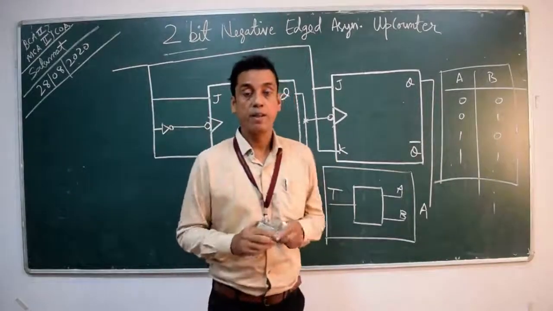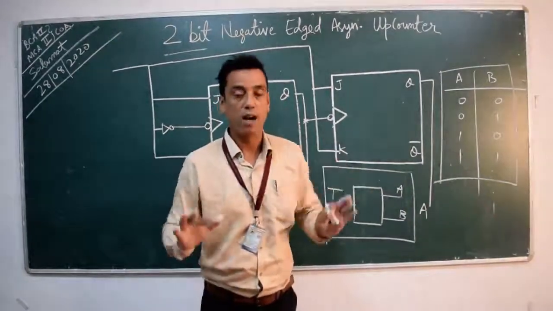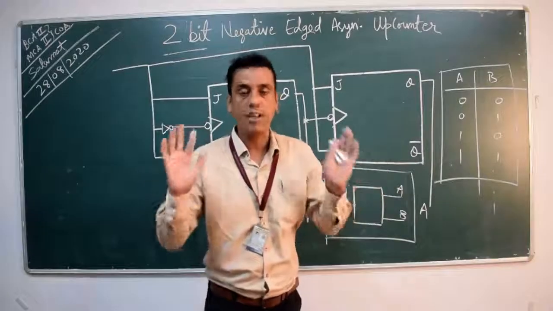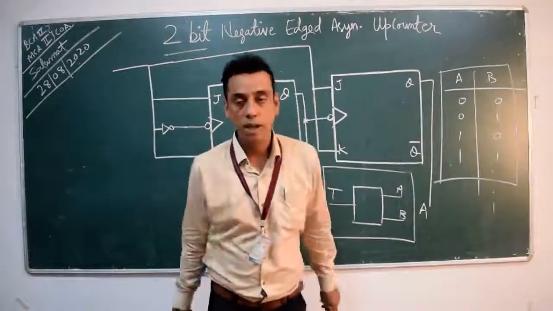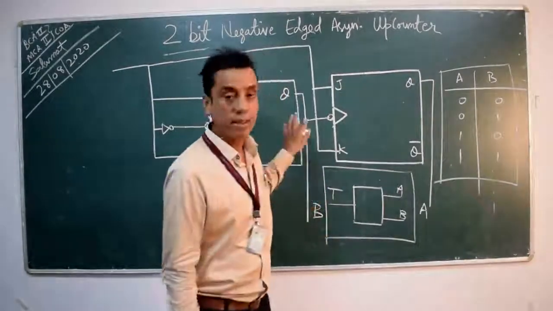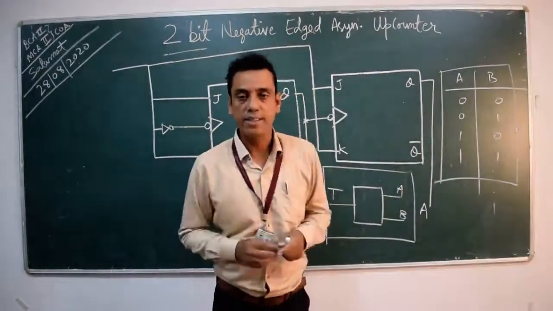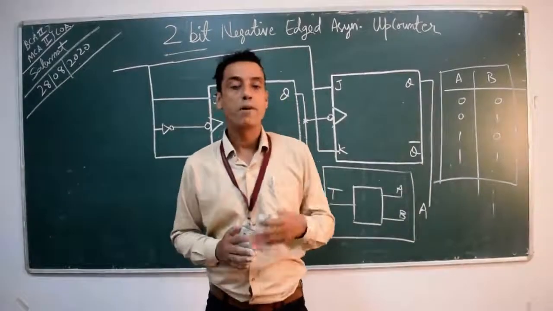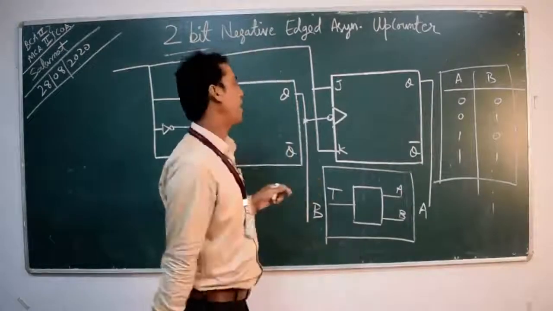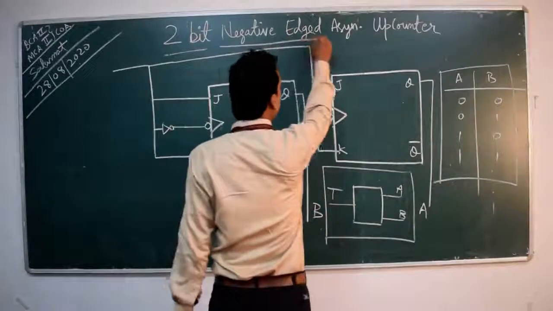But if the JK flip-flops available inside the counter are not all triggered every time the counter is triggered, it signifies that the counter is asynchronous. Asynchronous counters are simple in design and simple to understand in comparison to synchronous counters. So we will start with asynchronous. Now, 2-bit negative edged asynchronous.